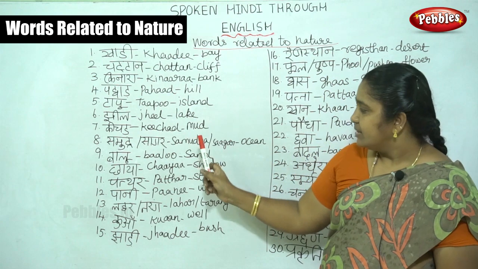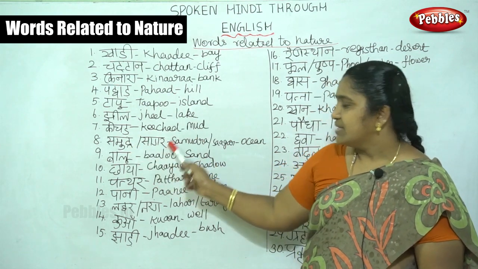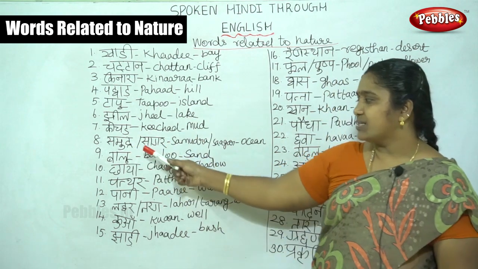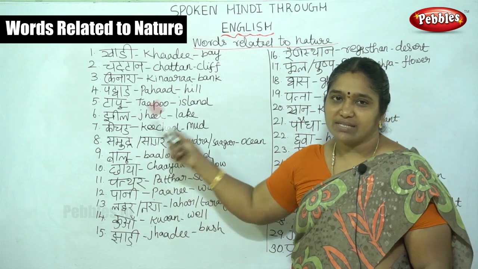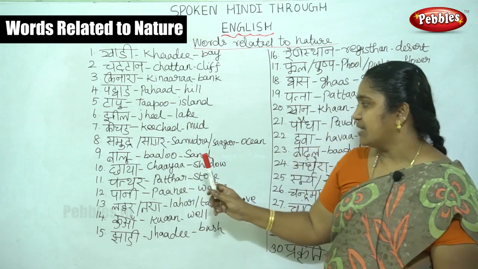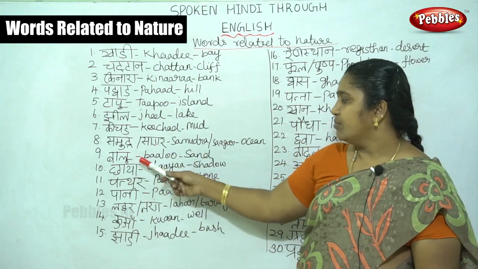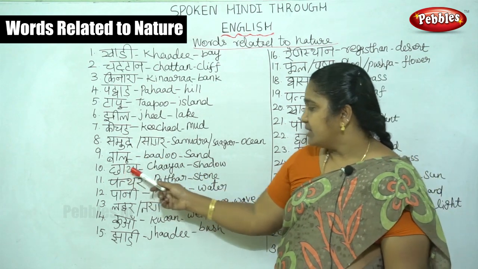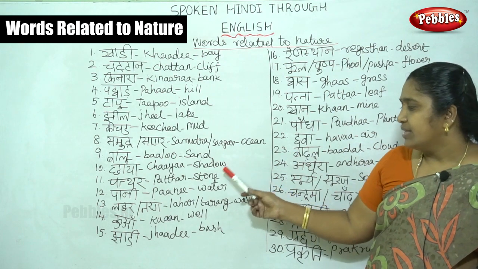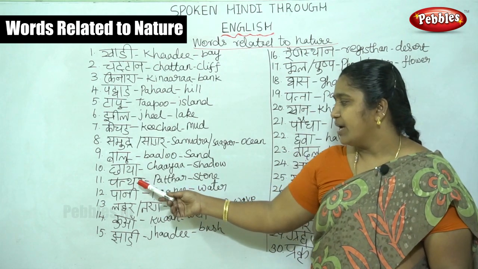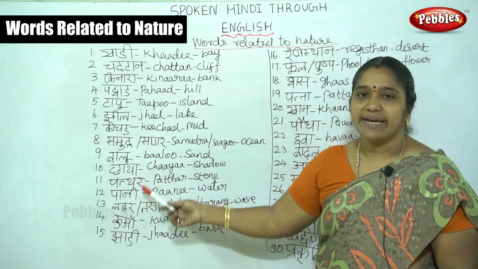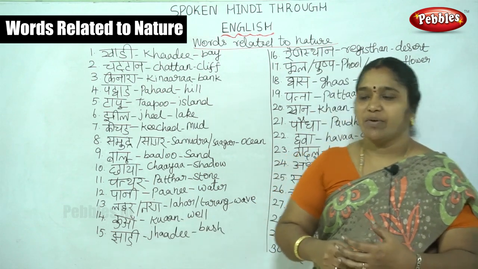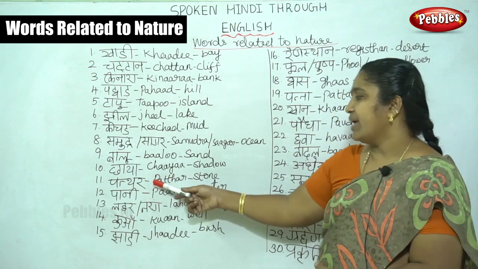Here samutra, sagar, Hindu Mahasamutra, we can say Hindu Mahasamutra. Then balu is sand. Chaya is shadow. Then pattar. Patthar uchalkar bachche phenkte hain.